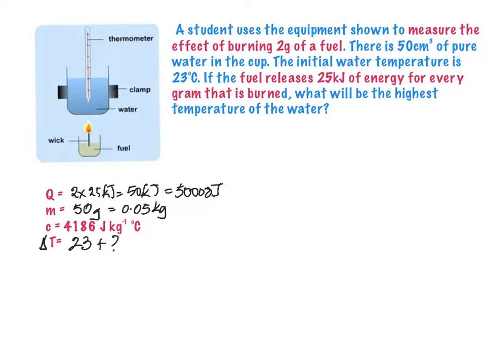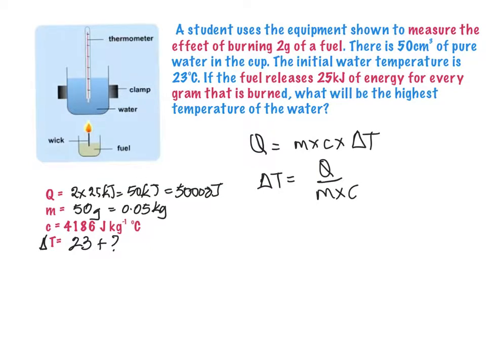And we're trying to work out how much goes above it. So let's put the equation in. So if Q is equal to M times C times delta T, then delta T is going to be equal to Q divided by M times C.